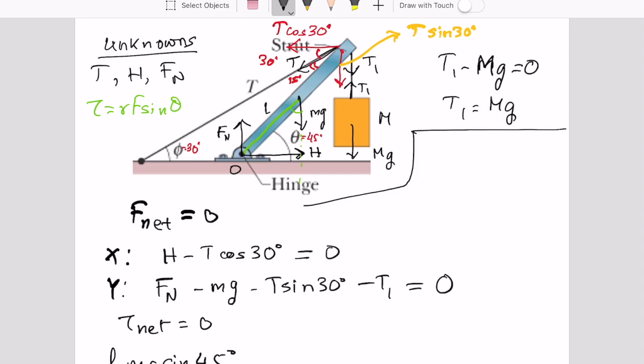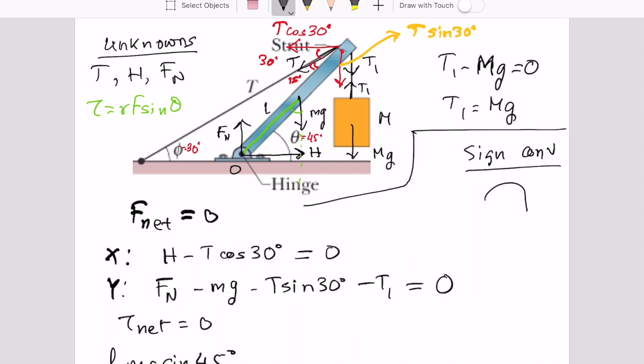Okay, what do we have next? The torque of T1. So T1 is acting downwards just like mg is. And we also need a sign convention for torques. You can choose whatever sign convention you like.